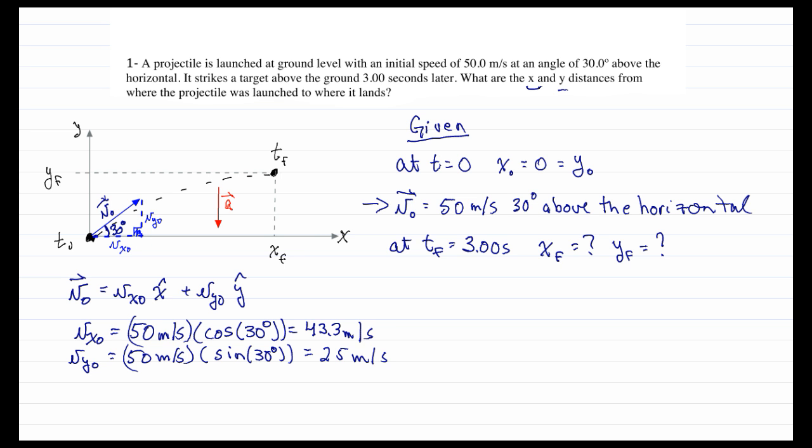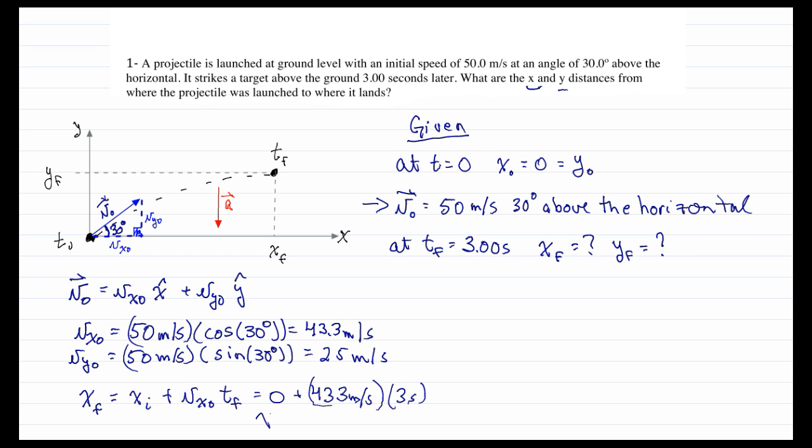Okay, so we can use our equation for motion with constant velocity. Our final x position is equal to our initial position plus our initial velocity in the x direction times our time interval, which in our case is just our final time. So this is 0 plus 43.3 meters per second times 3 seconds.